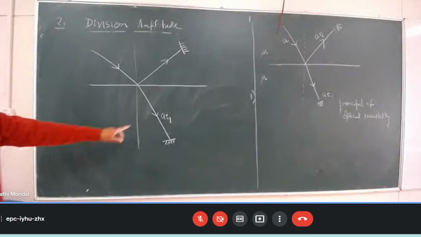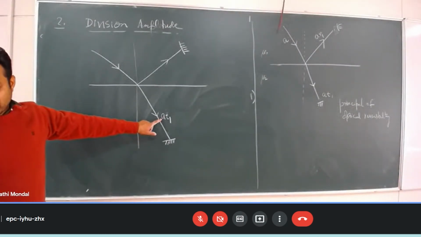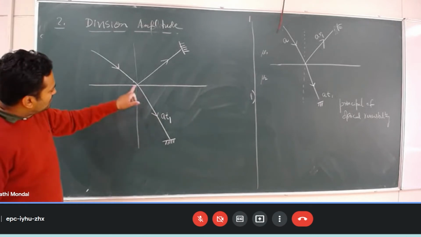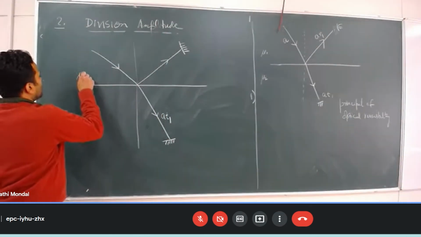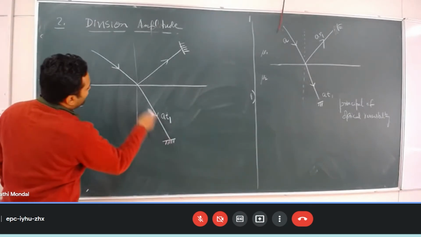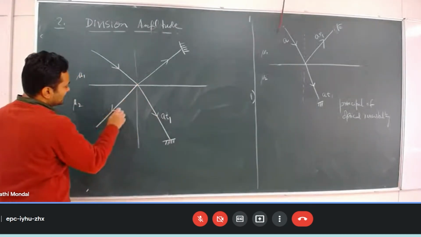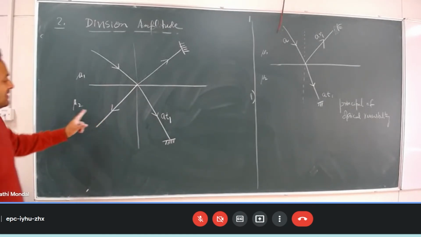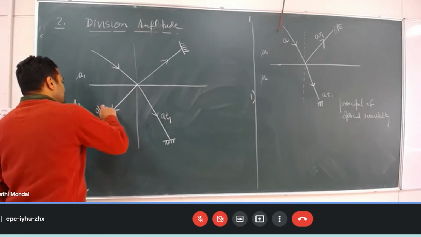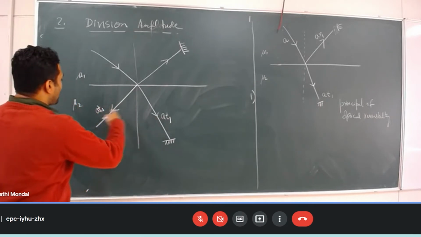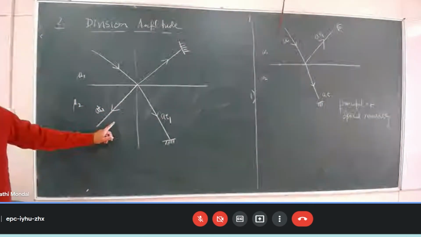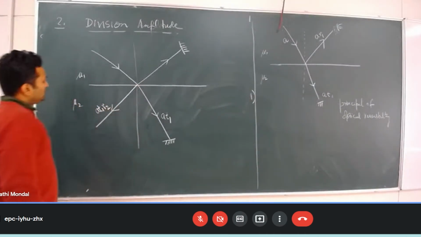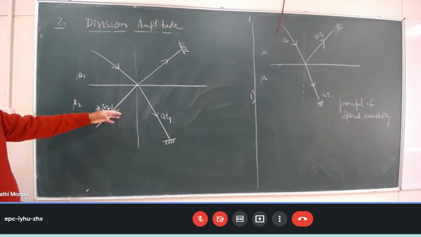Now what will happen? This AT1, it is a boundary, mu1 and mu2, so it will also suffer a reflection here, obviously. If it has a reflection, then what will be the intensity? Originally it was AT1, now we have a reflection here, so you have to multiply with the reflection coefficient from 2 to 1.